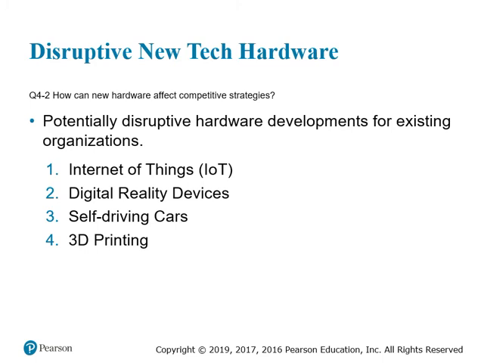So, disruptive new tech hardware. How can new hardware affect competitive strategies? Potentially disruptive hardware developments for existing organizations. Internet of Things, digital reality devices, self-driving cars, 3D printing. These are things that are so disruptive that it could completely change an industry. It could change the industry structure such that you're going to put businesses out of business within years because of the new technology.